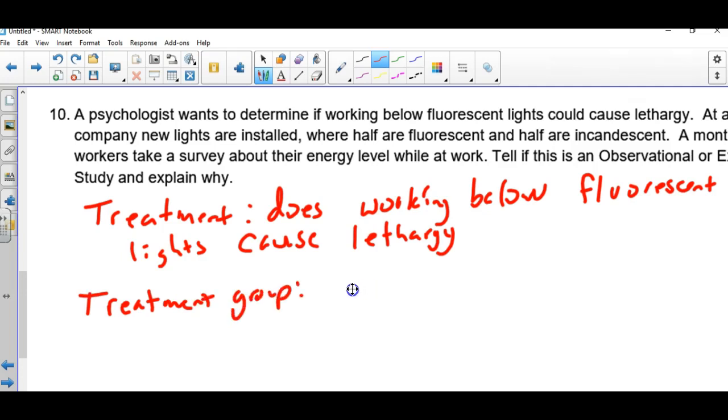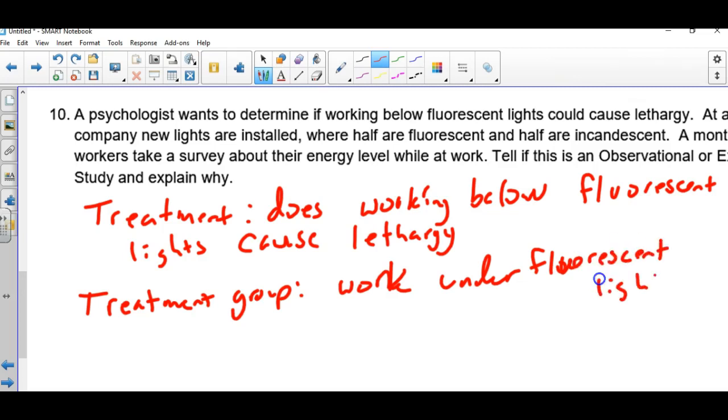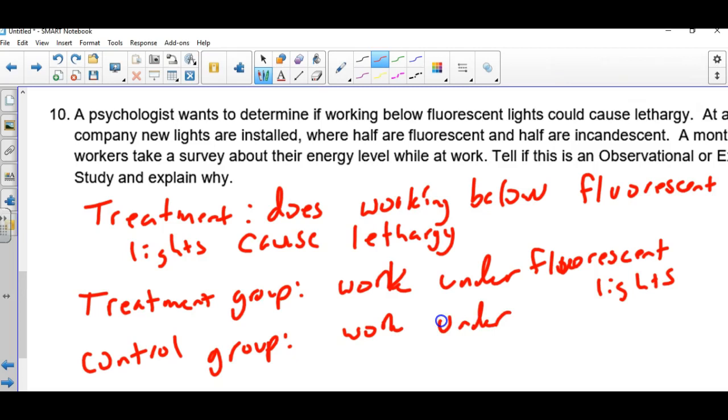The treatment group is going to work under fluorescent lights. And then there's the control group. They will work under incandescent lights.